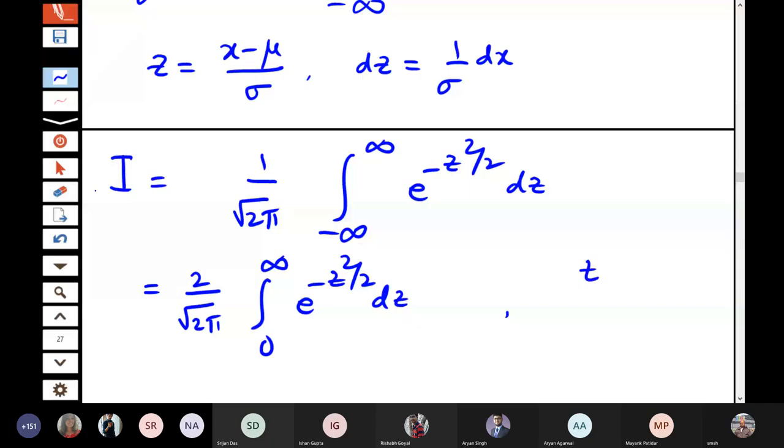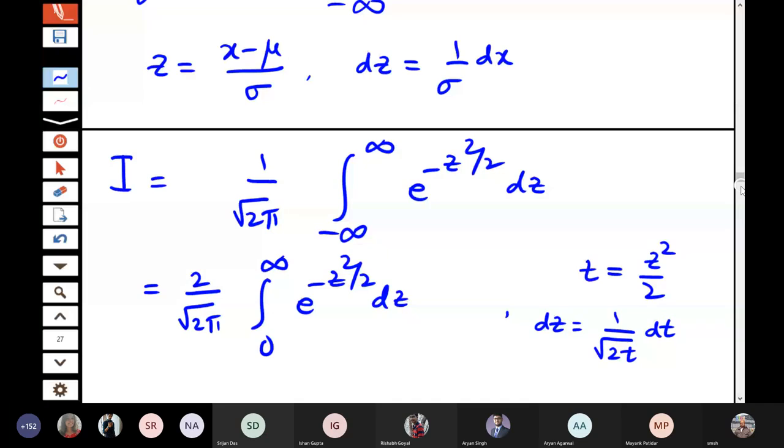And now I put t is equal to z square by 2. Then dz is equal to 1 by root 2t dt. Okay.